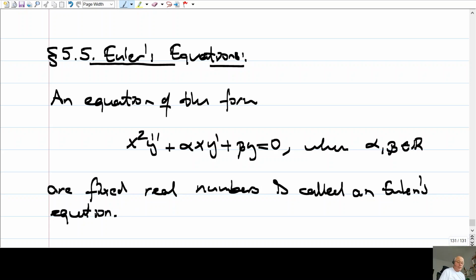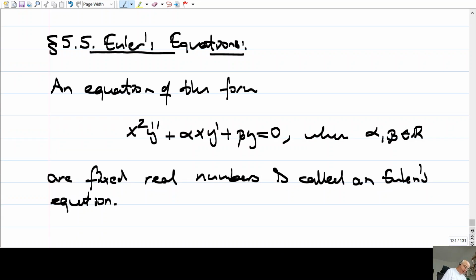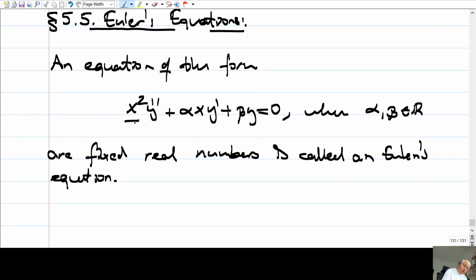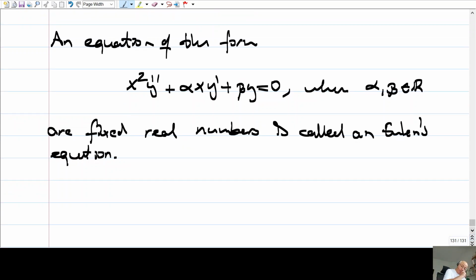So it is basically a constant coefficient equation, but it is not, right? I mean, there are x squared term and x term here. However, we will see that actually after a variable change, this turns out to be a constant coefficient equation. How? So how to solve? Let's see this equation.